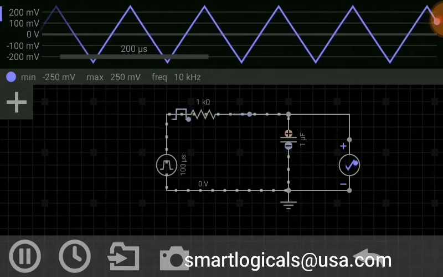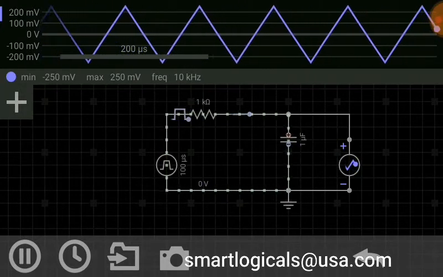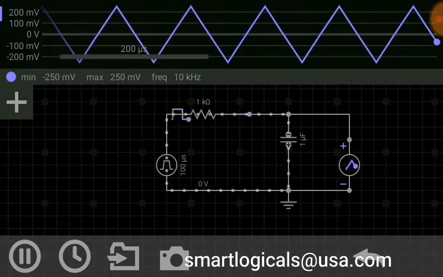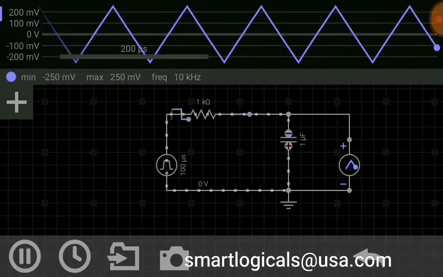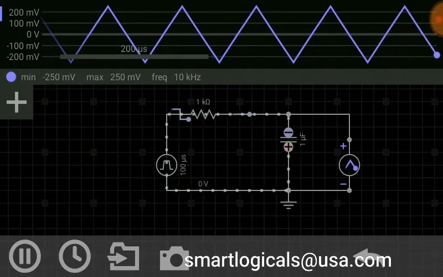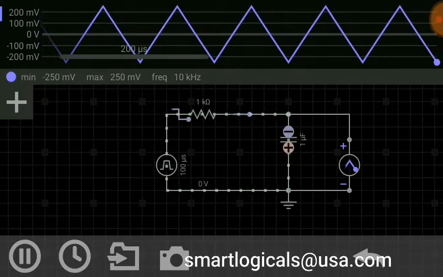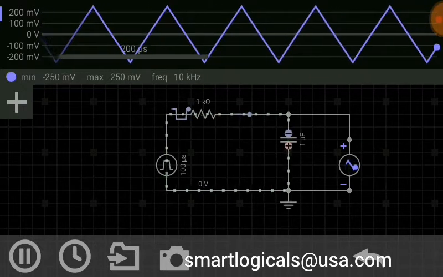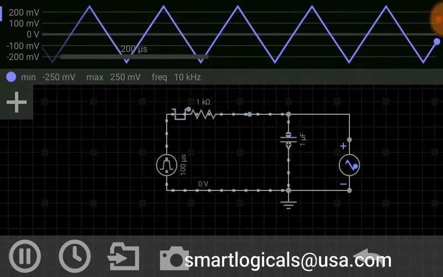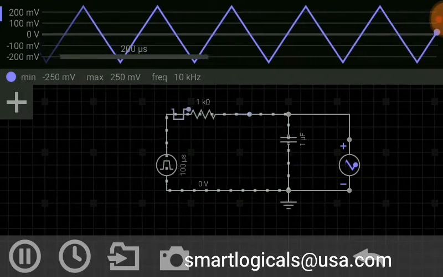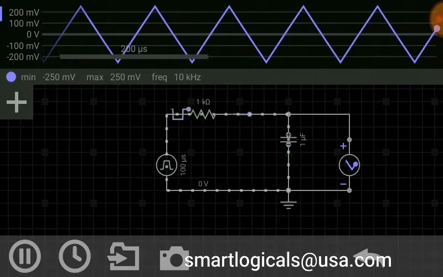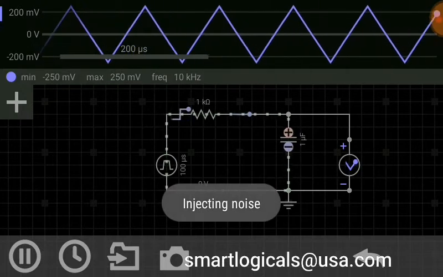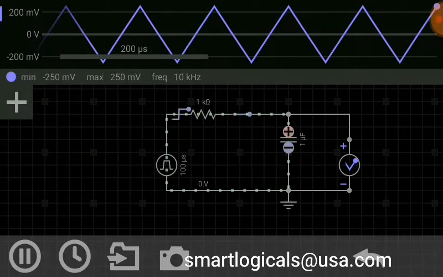In this way, friends, the low pass RC circuit acts as an integrator. Whenever the time constant is far greater than the time period of the applied square wave, then only the low pass filter will act as an integrator.